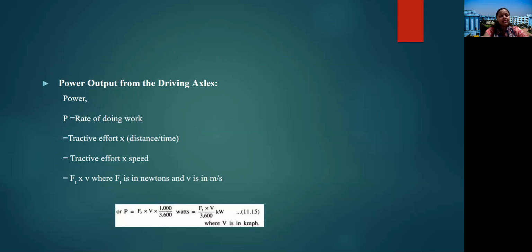Power output is the tractive effort into distance divided by time, so tractive effort into speed. Tractive effort is Ft and into speed V in 1000 by 3600, because V is being converted from kilometer per hour to meter per second. So total power output will be Ft into V by 3600 kilowatt.